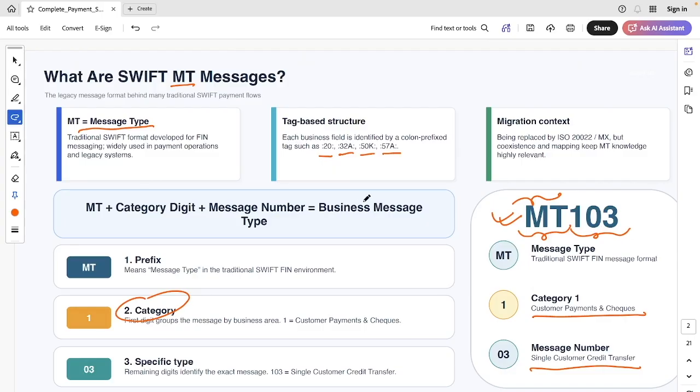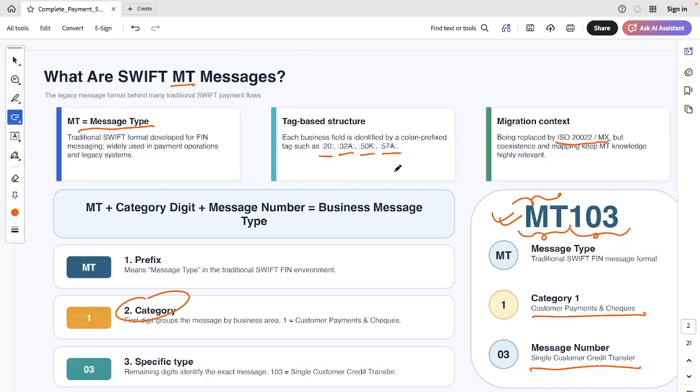Now even though the world is moving to ISO 20022 or the MX format, MT knowledge is still very relevant. Why? Because many banks still have legacy flows, many investigations still refer to MT fields, and migration projects require MT to MX mapping.